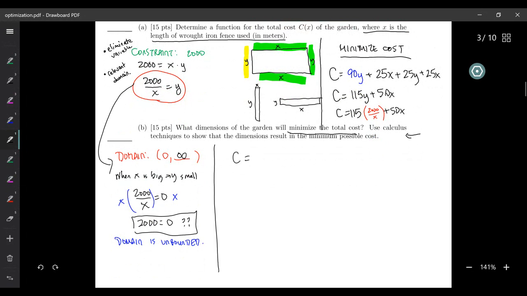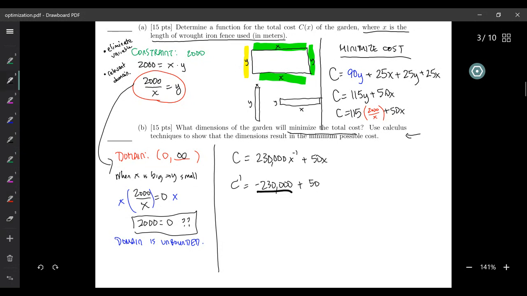I'm going to multiply that 115, so this is 230,000 x to the negative 1 plus 50x. Take the derivative. It would be x to the negative 2, which would be x squared.